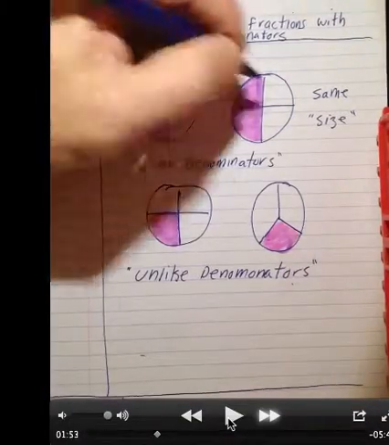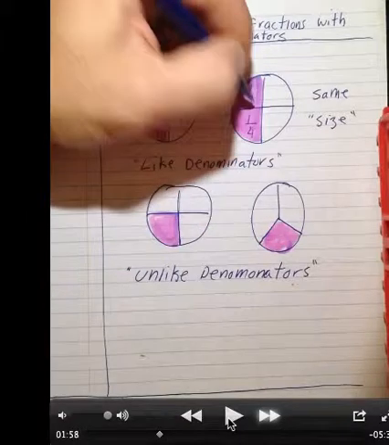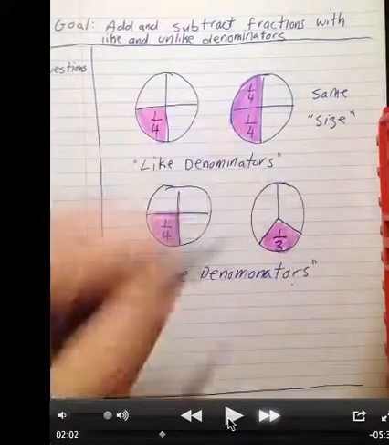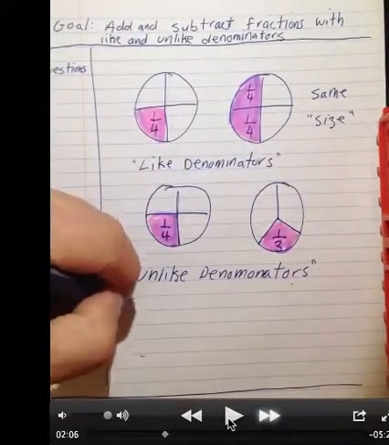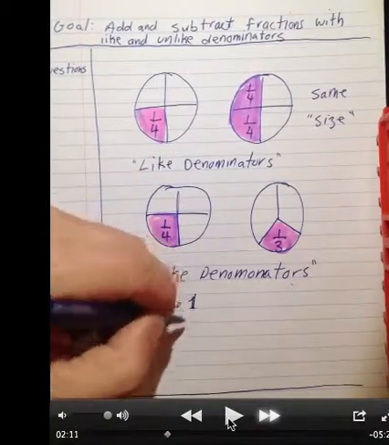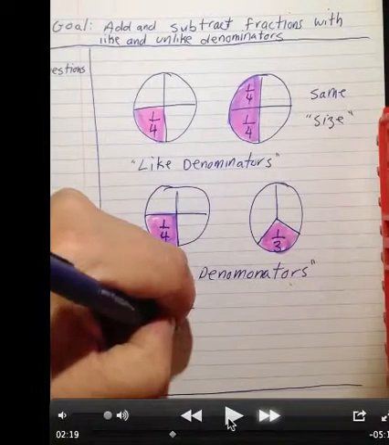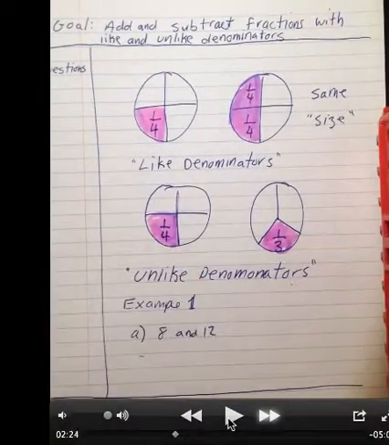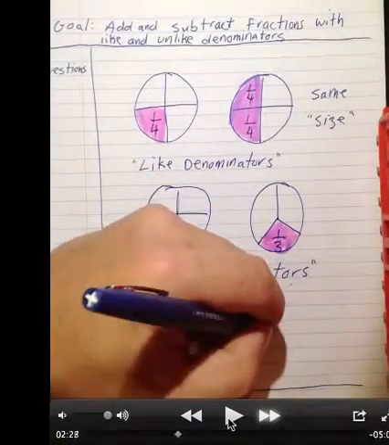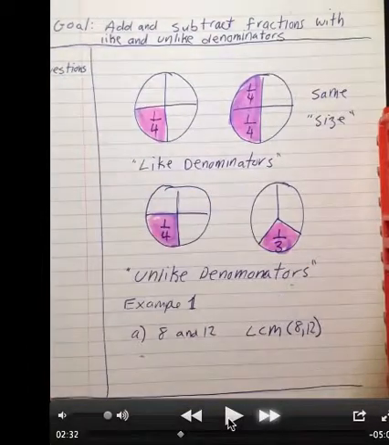So for our first example, we're going to find the least common multiple of sets of numbers. So the first one is going to be the least common multiple of 8 and 12. The smallest number that both 8 and 12 go into evenly is 24.